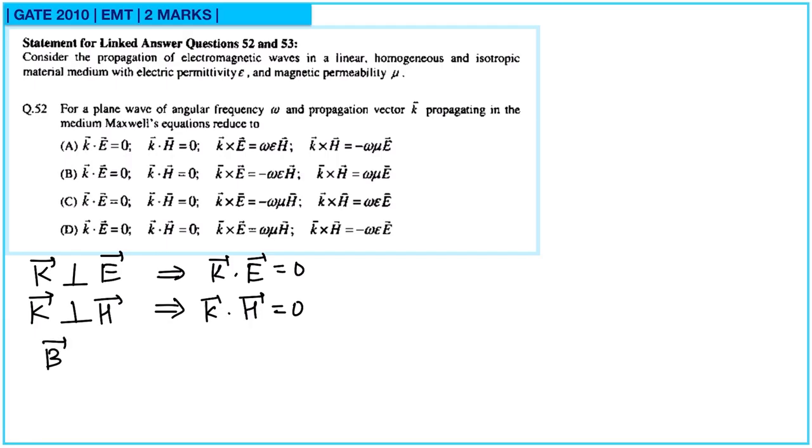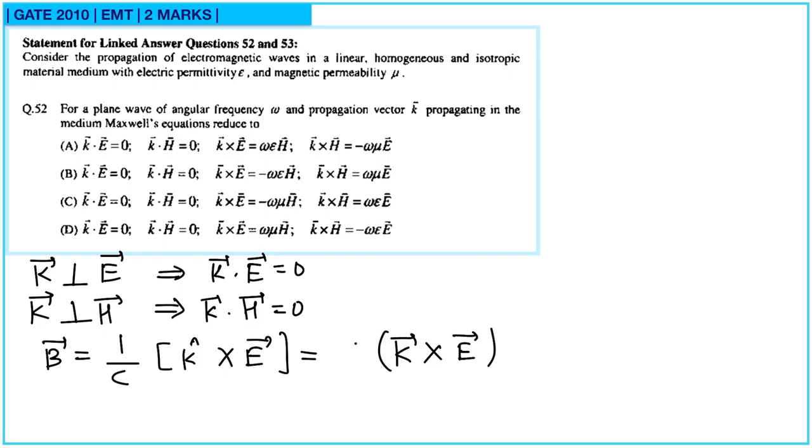Now we know B bar is equal to 1 upon c into k cap cross E bar, because E bar, B bar and k cap are all perpendicular to each other. k cap is k bar upon k. So here I can write k bar cross E bar, and in the denominator we have c into k.